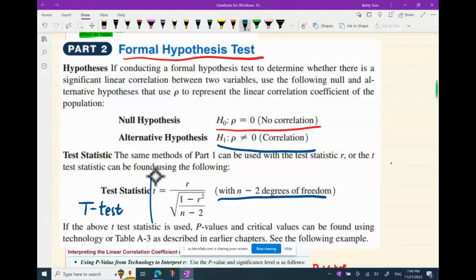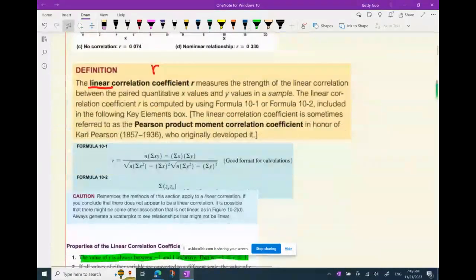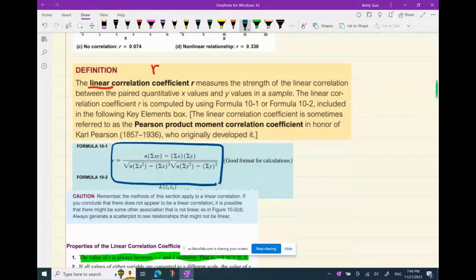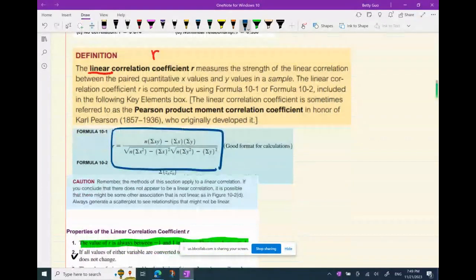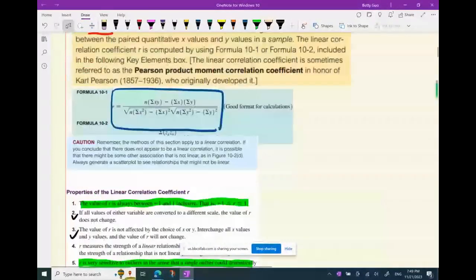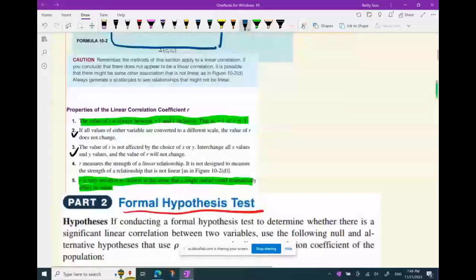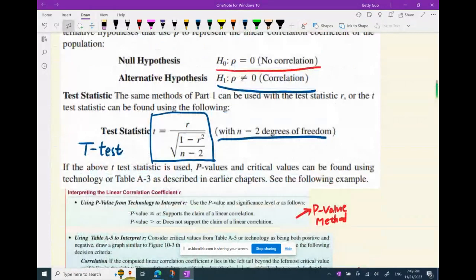And here we have the test statistic. The numerator is R. The value of R depends on the values of X and Y, the sample. The denominator is a square root, and the radicand is a quotient: the numerator is 1 minus R squared, the denominator is n minus 2.